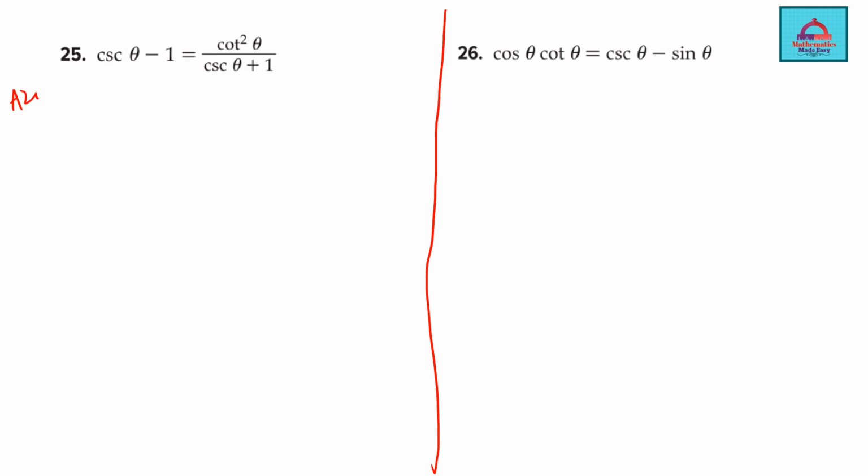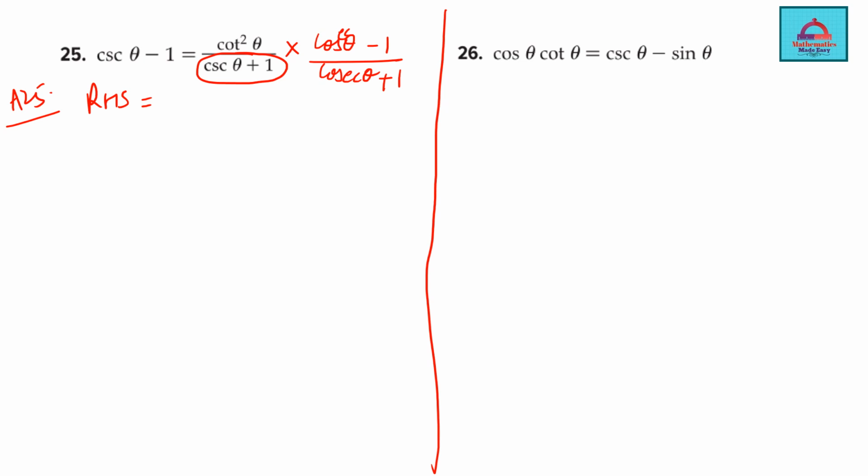For this one, I'm starting with the right side and I'm going to simplify and bring it closer to the left hand side. Again, this is a question similar to the previous one where you see a conjugate. So definitely you are going to multiply the right side, numerator and denominator, with the same term. Oh, sorry, it's cosecant plus 1.